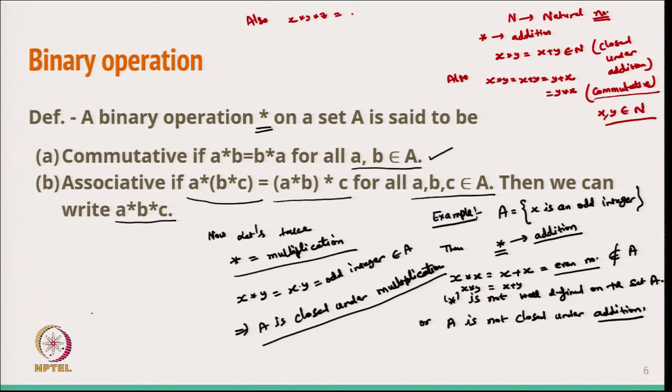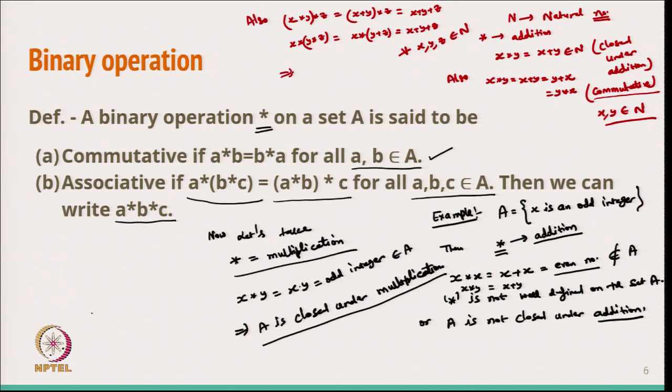So, x star y, then star z, is x plus y plus z, and x star (y star z) is also x plus y plus z, and in this case it is true for all x, y, z that belong to the set of natural numbers.